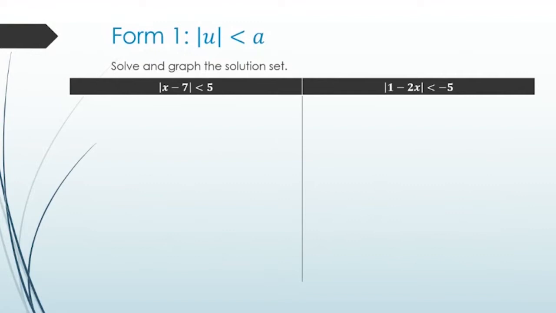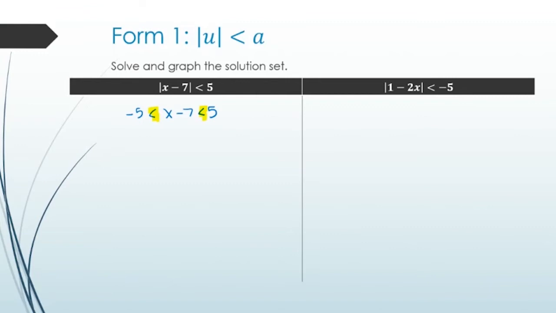So if it's a less than, we turn this into a compound inequality. So I've got x minus 7 is less than 5, but then I also have the other side with the negative 5. And then I keep the less than symbol in between those. So I have negative 5 less than x minus 7 less than 5.